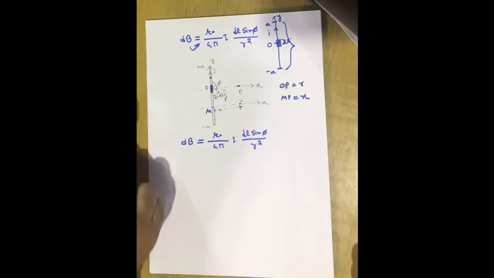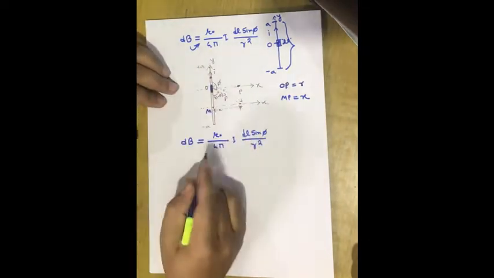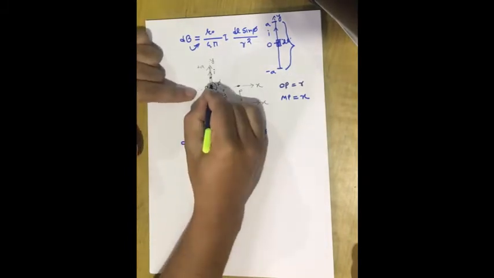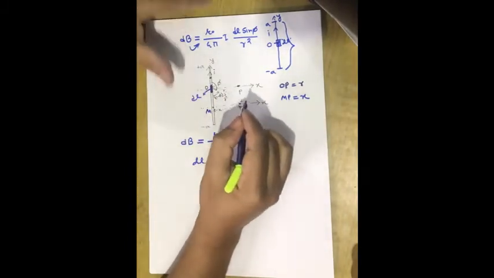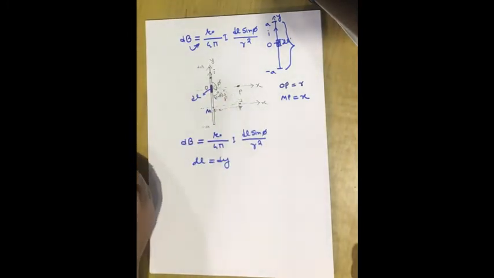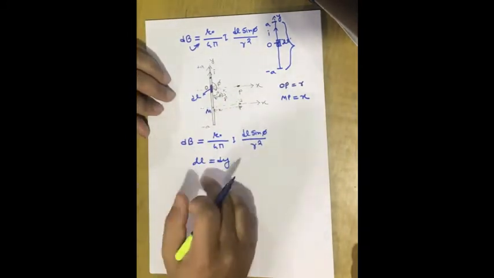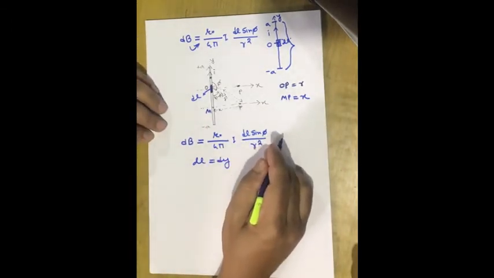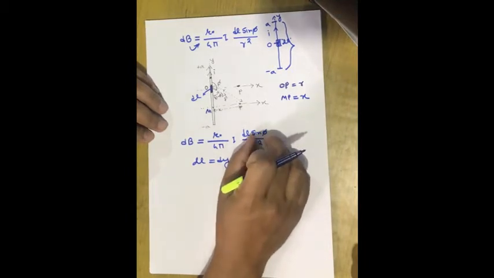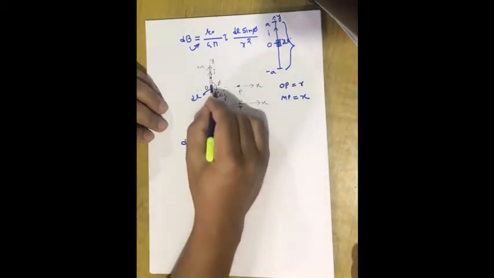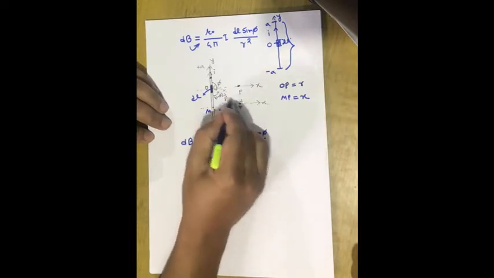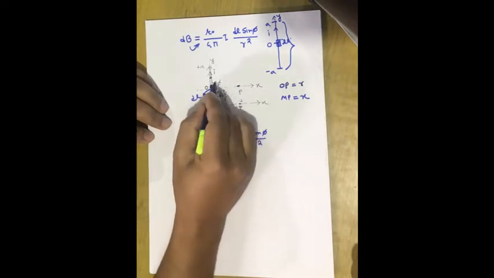In this case dl is in the direction of y, so we say dl is equal to dy, because this portion dl is in the direction of the y-axis. The current I we know, and the value of r we also know. In order to integrate, I have to find the value of phi, the angle which dl makes with the position unit vector.